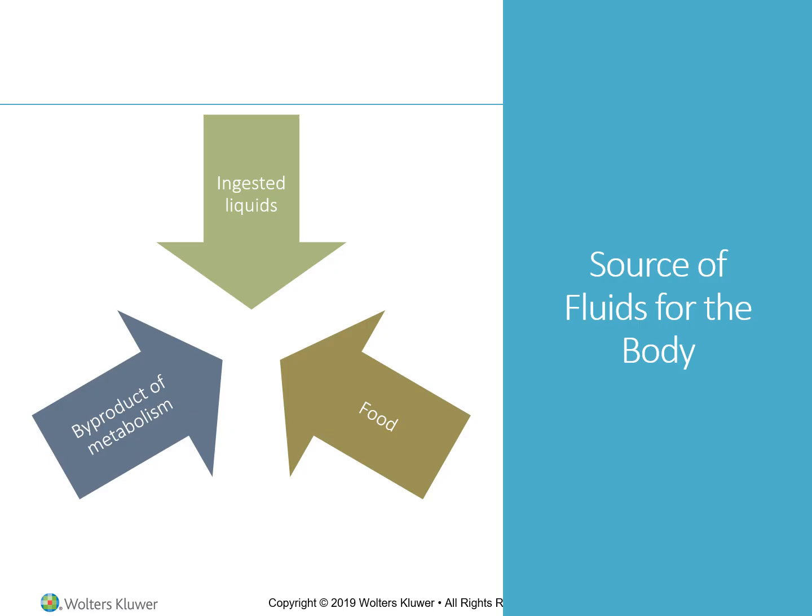For example, foods like melons and citrus fruits are high in water, and cereals and dried fruits contain much less. And third, metabolic oxidation. The body metabolizes carbohydrates, fats, and proteins, and this produces water as a byproduct. It's about 300 milliliters a day. So altogether, your average daily fluid intake is about 2,600 milliliters.